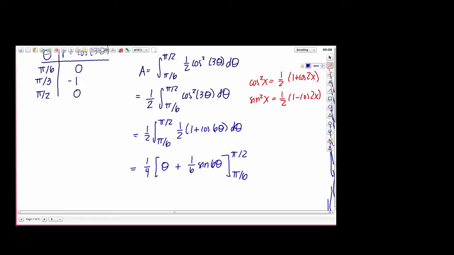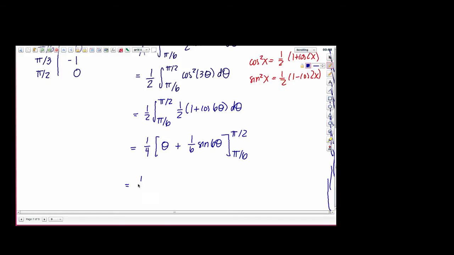Plugging in my bounds now, I get 1/4 times pi over 2 plus 1/6 sine 6 pi over 2, which gives me sine of 3 pi, and then I subtract off my lower bound, so pi over 6 plus 1/6 sine 6 pi over 6, which is just sine of pi.